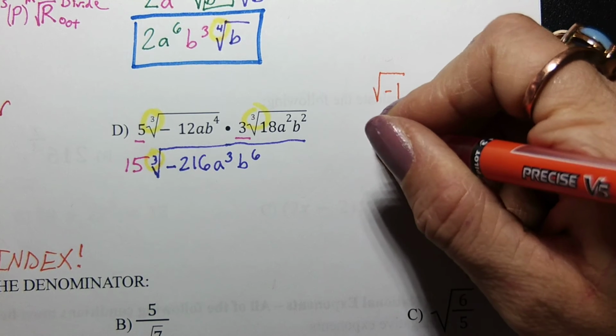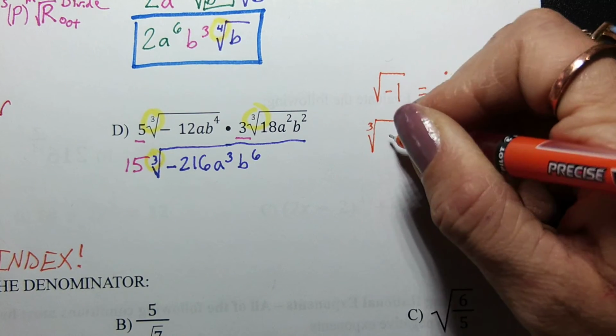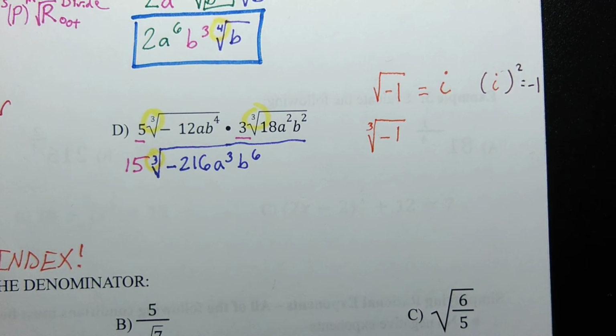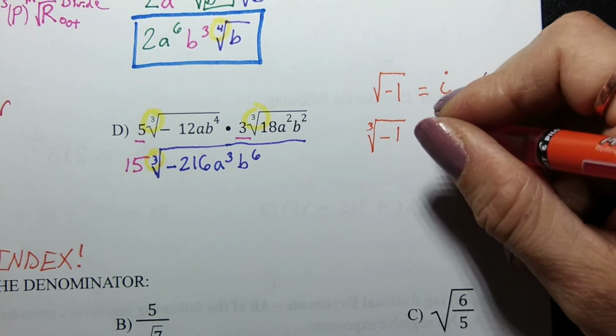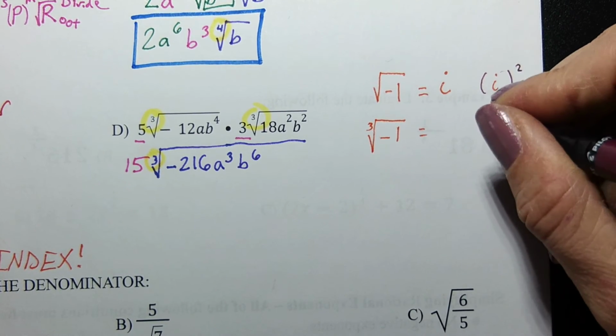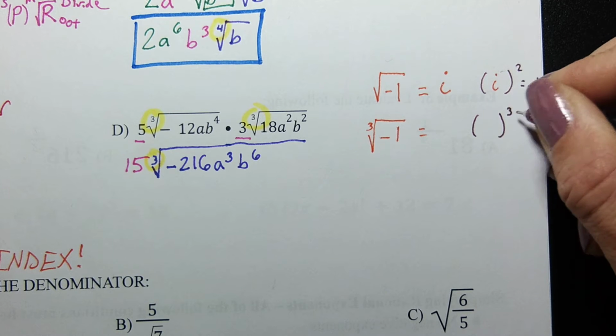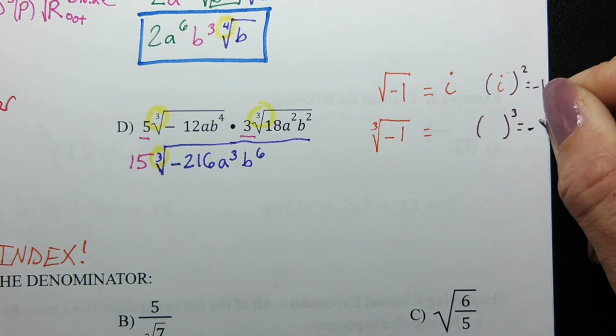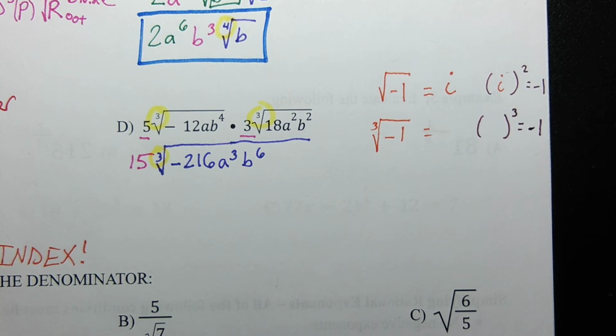So if I say what's the cube root of negative 1, this is asking what cubed gives me negative 1. And the answer is not i. i squared times another i would be negative i. So i cubed is not going to give me negative 1.